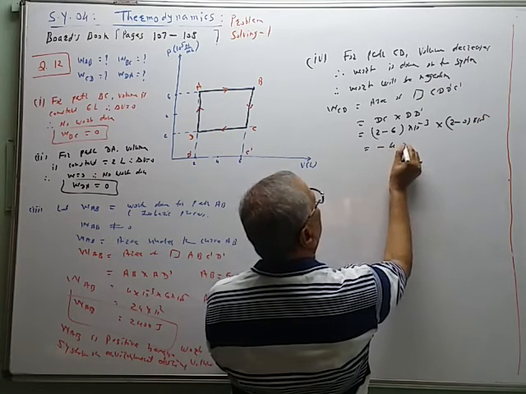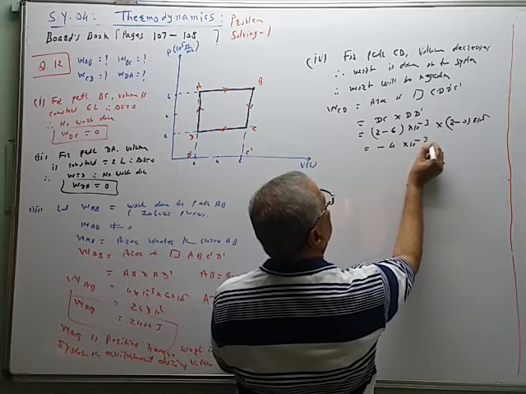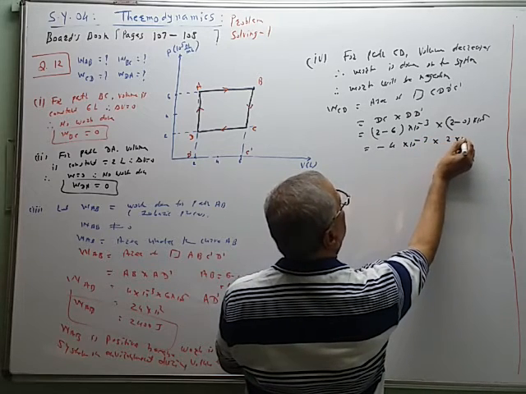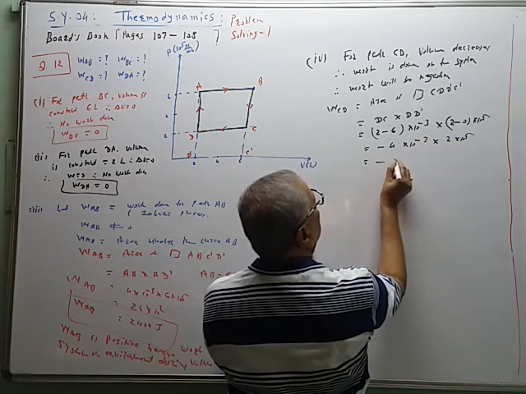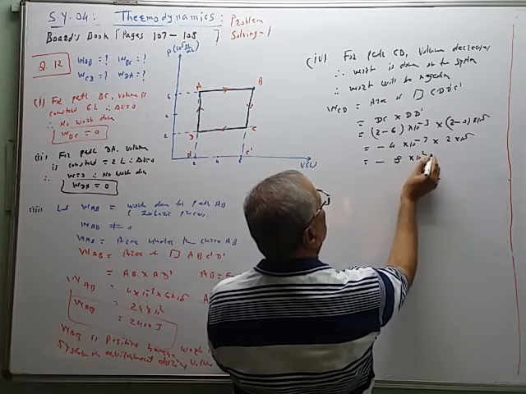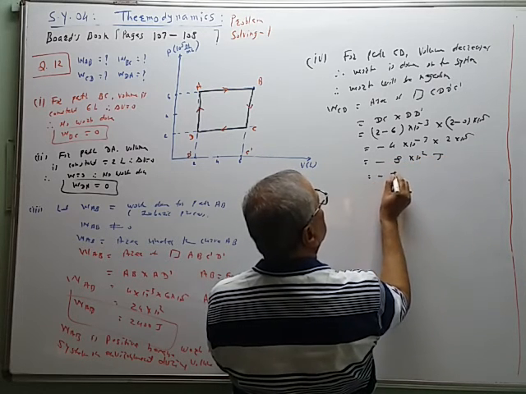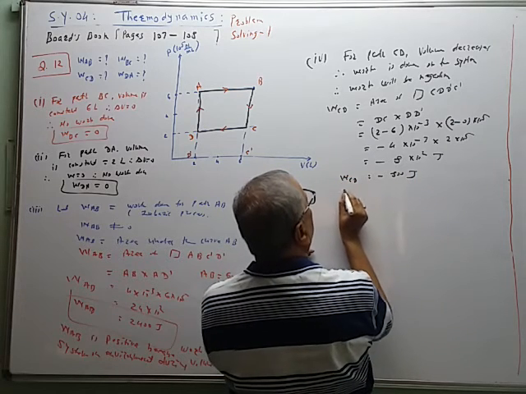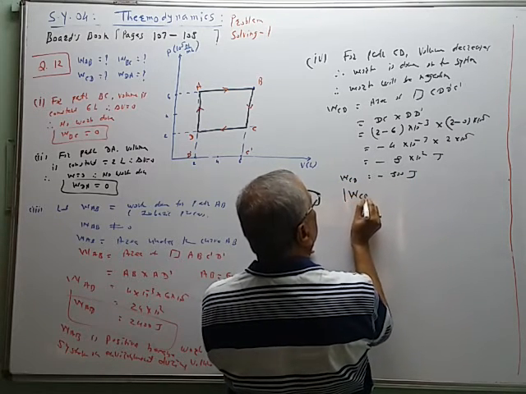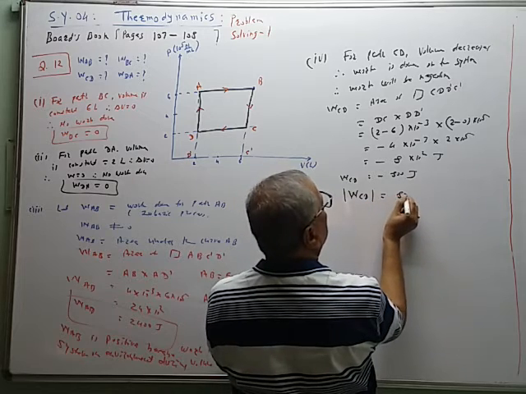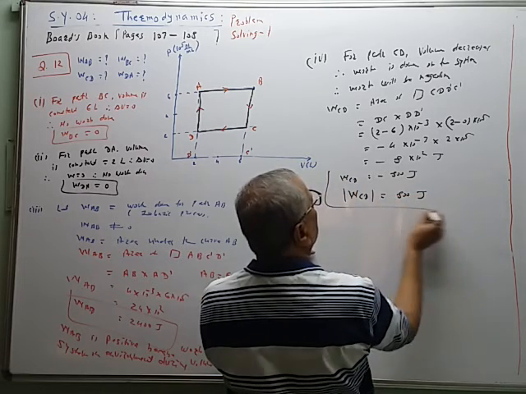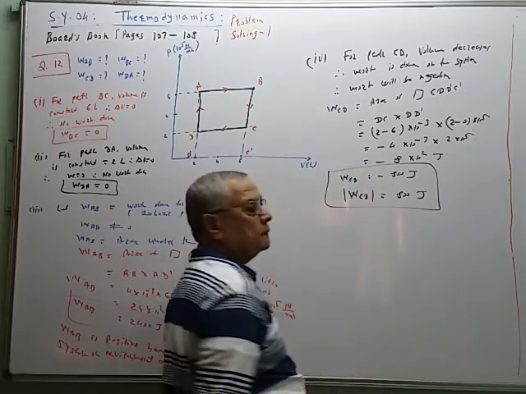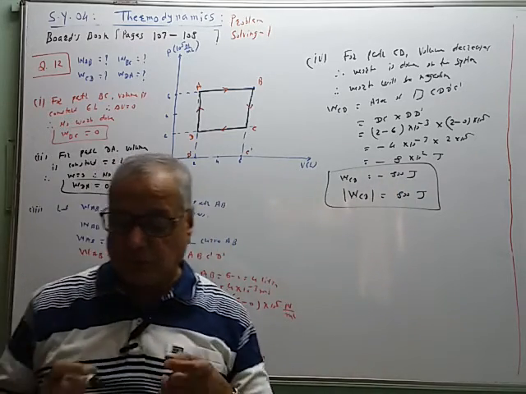So minus 4 into 10 raised to minus 3, 2 into 10 raised to 5, so that is equal to minus 8 into 10 raised to 2 joule. So minus 800 joule. The magnitude of WCD is equal to 800 joule. Which sign? Minus sign, 800 joule.